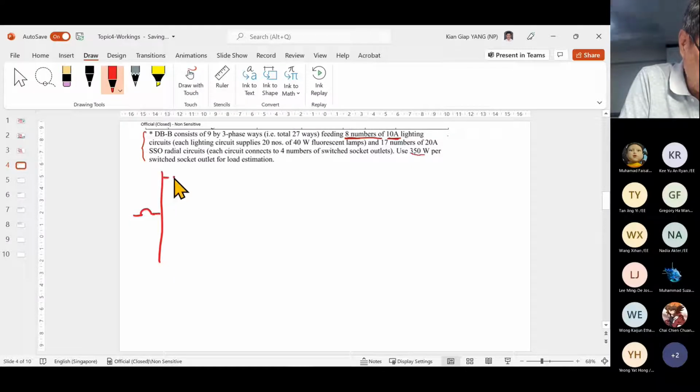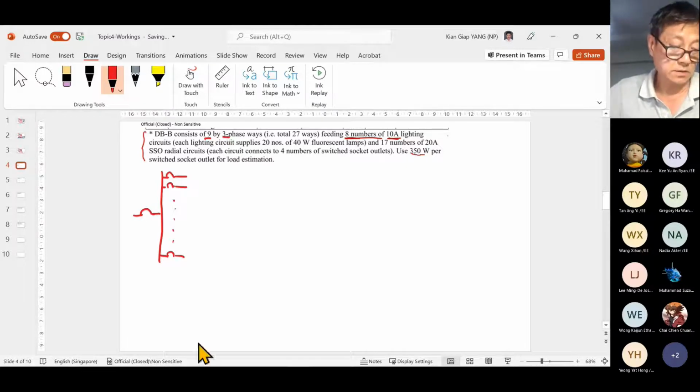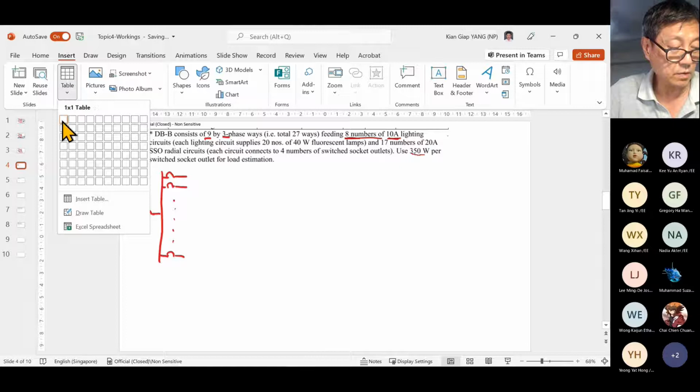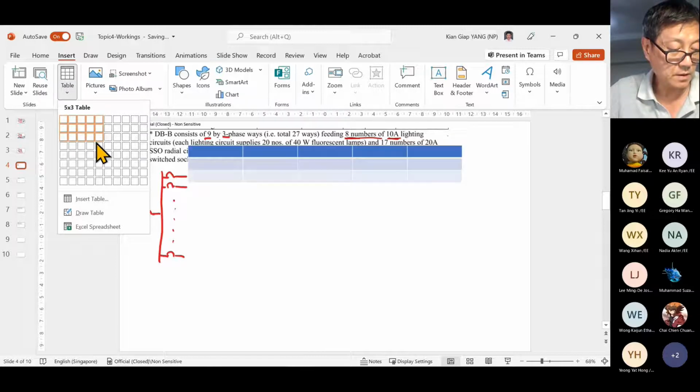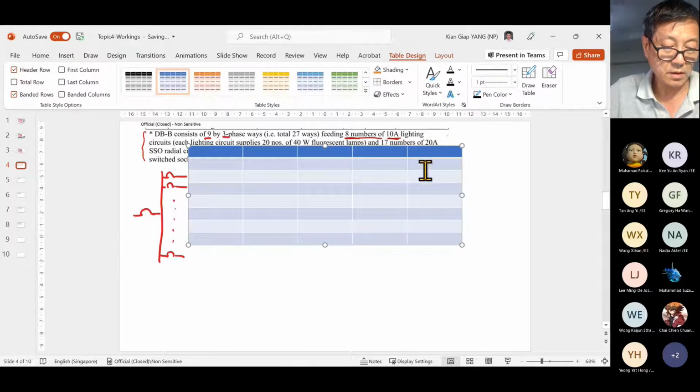This one has 27 ways going out. 9 by 3 is 27. That means each phase, L1, L2, L3, I have 9 circuits. So I need to do load balancing, otherwise my circuit will be not balanced. So I need to find the balancing act.